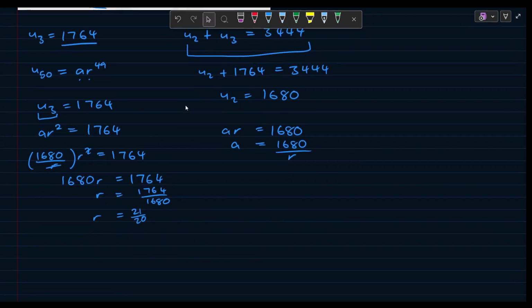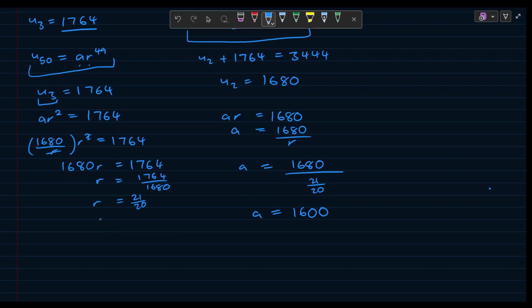And so we now have our common ratio. Let's find a. a is 1680 over 21 over 20. So that gives us a is equal to, punch this into the calculator, 1680 over 21 over 20, and that gives us 1600.